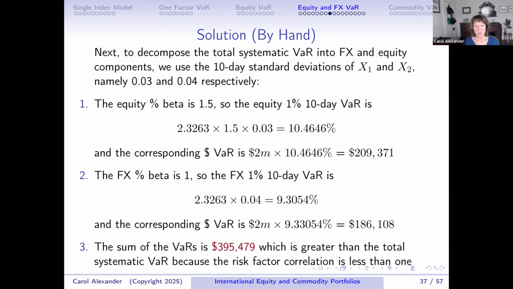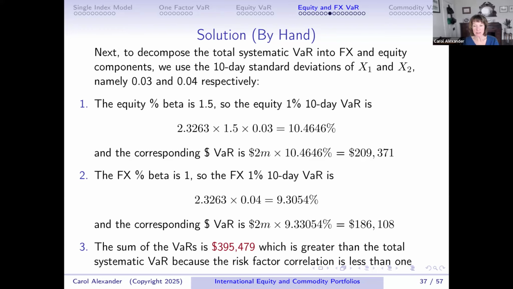And so the 1% 10-day VaR is just 2.3263 for 1% times the beta times the market VaR, which in this case is just the 10-day standard deviation, 0.03. Actually, it's 1.5 times 2.3263 times 0.03, because it's beta times the market VaR. So that gives 10.4646%.